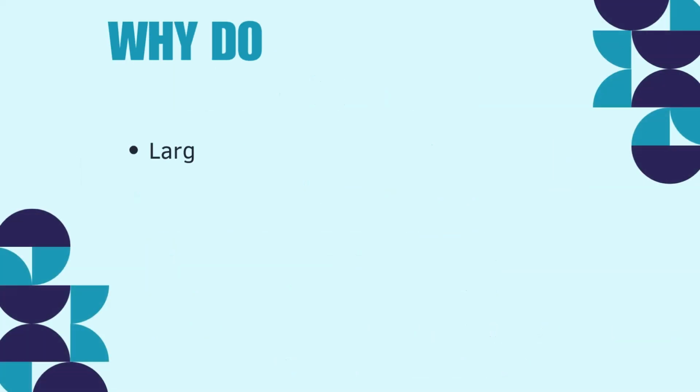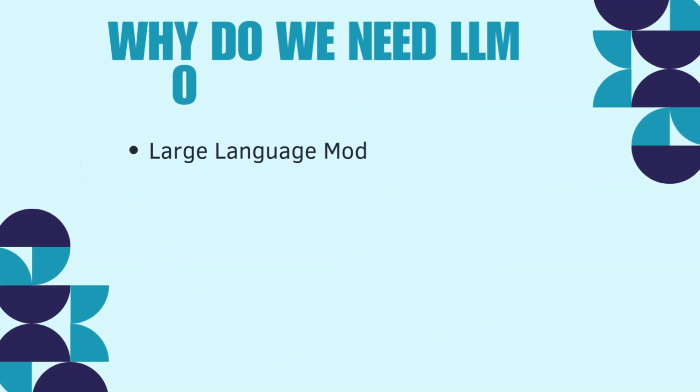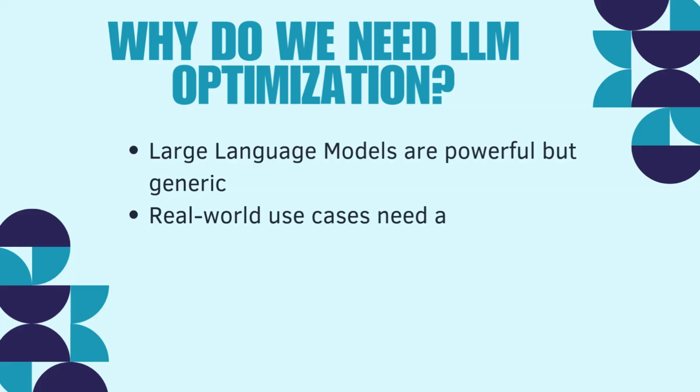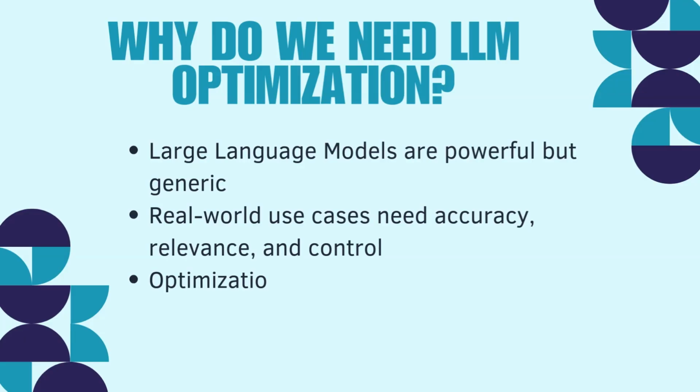You will learn what each one actually does, when to use which, and how companies combine them to build production ready AI systems. If you are a student, developer, or working professional trying to understand modern Gen AI beyond the hype, this video is for you.